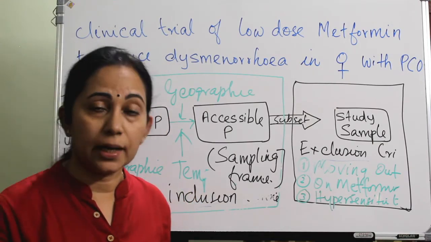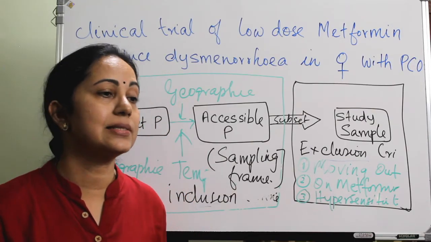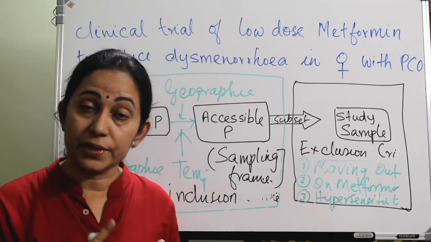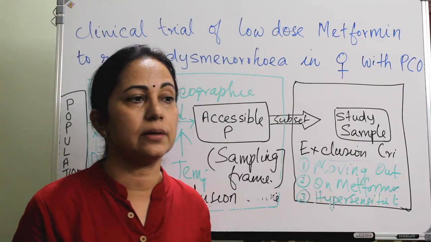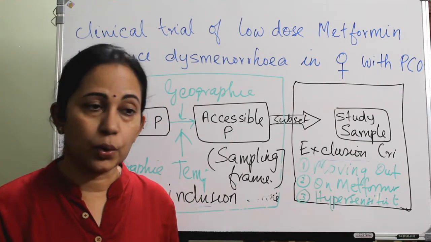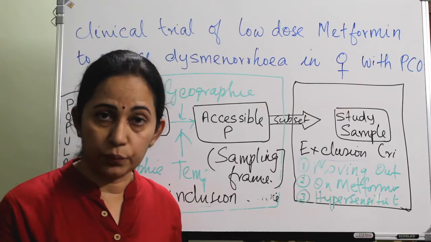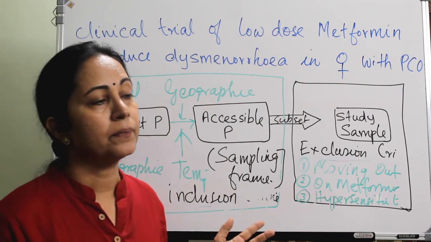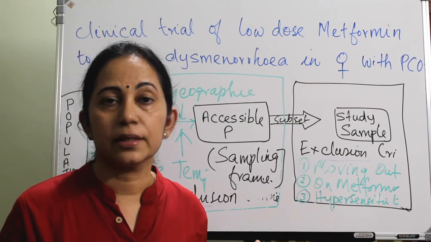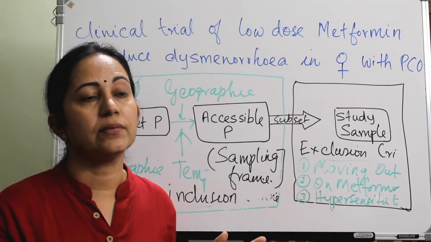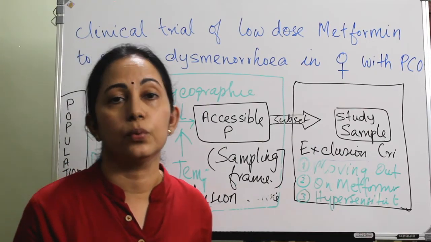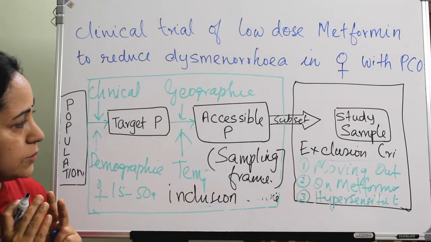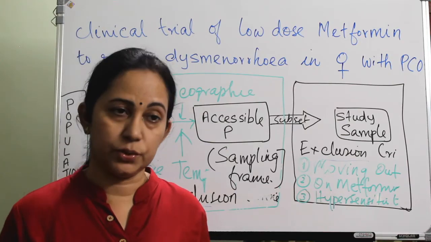And the other methods to increase internal validity are to look for the feasibility of the study, and also in a follow-up study, do a very good, specified follow-up, sticking on to the criteria at specific periods, and also at the time of data collection, giving a very good questionnaire with less sensitive questions that will improve the response of the patient. All that has to be looked for to get a good internal validity of the study.